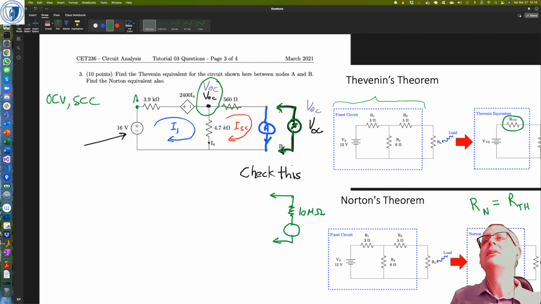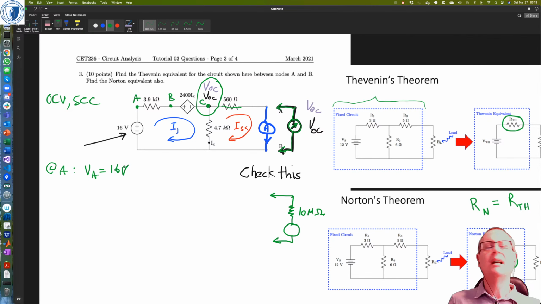So there's A, there's B, and let's call this C, right? So there's the nodes, and at A we already know, VA equals 16 volts, it's direct. And then we need to merge nodes B and C, right, into a supernode, because there's a voltage source there and we don't know the current flowing out of a voltage source until we've finished the analysis.